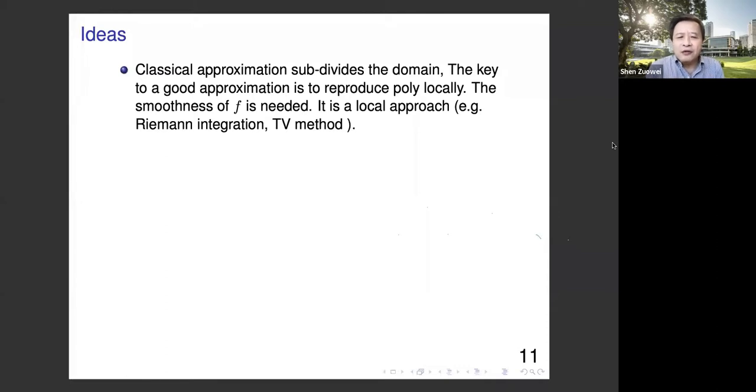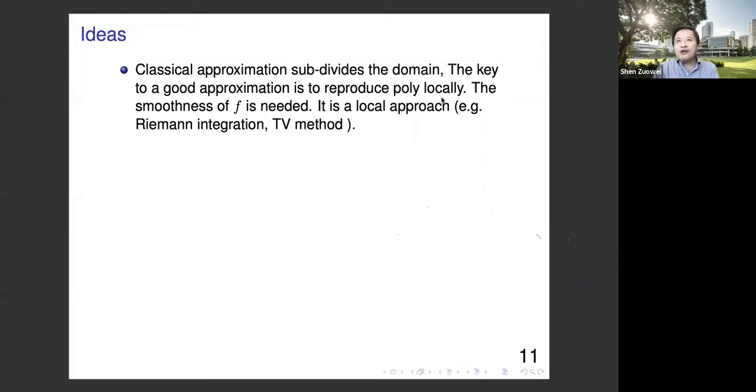Technically, each system is very technical, but the idea is very simple. It depends on two ideas. First of all, your system must locally reproduce polynomials. Look at splines or finite elements, all kinds of approaches. They must locally reproduce polynomials.